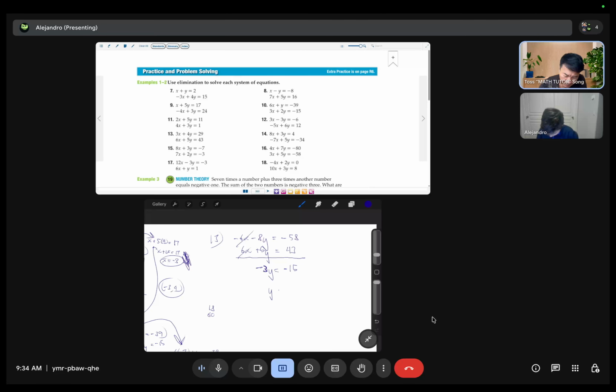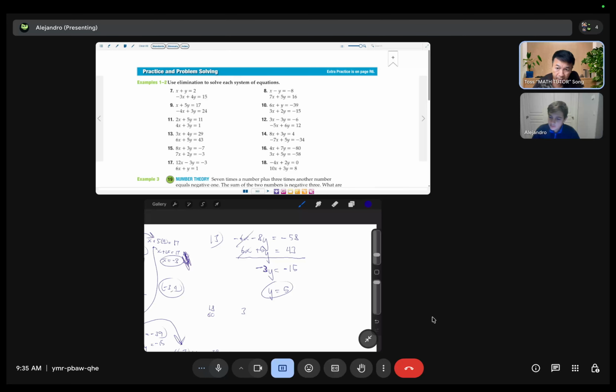And then divide both sides by negative 3, it would be positive 5 for y. Okay, and then we'll plug it back in. It doesn't matter here, I don't think. We'll do the first equation.